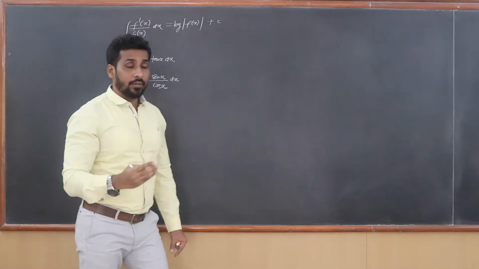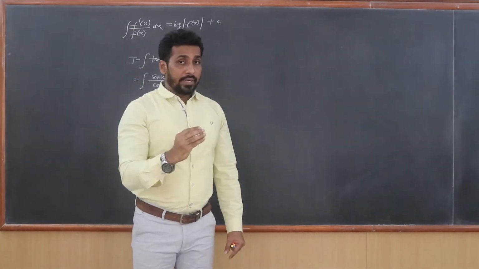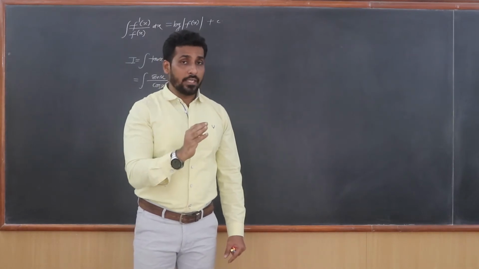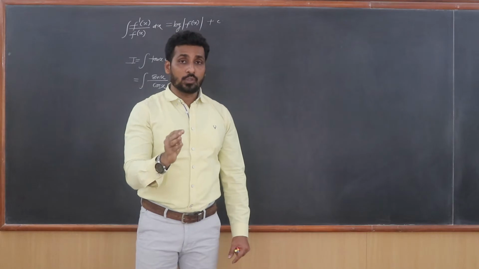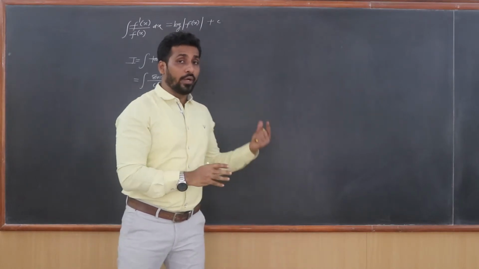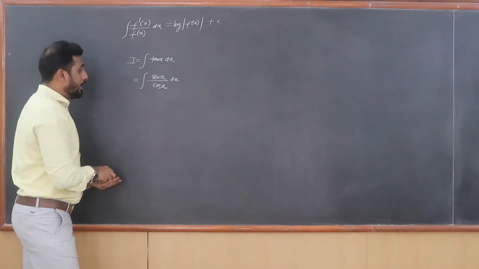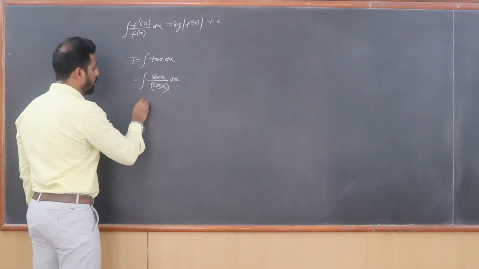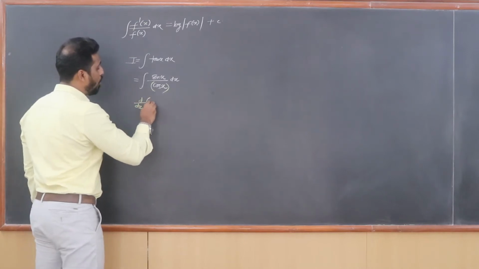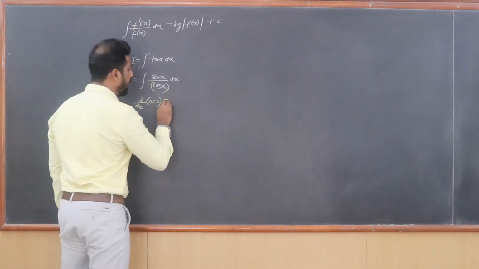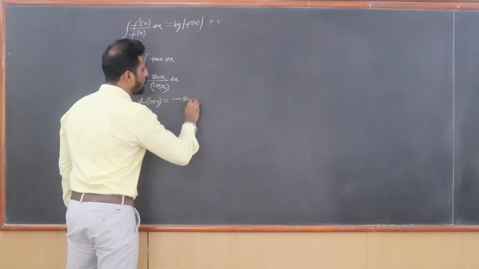Now tell me, the derivative concepts have to be very strong here. You have to know your basic formulas of derivatives very thoroughly to know integration also, isn't it? Now if you observe, what's your denominator? It is cos x. If I ask you the derivative of cos x, it is going to be minus sin x.